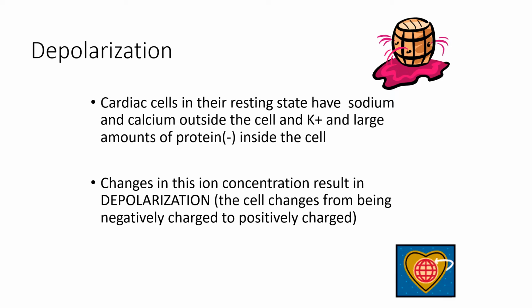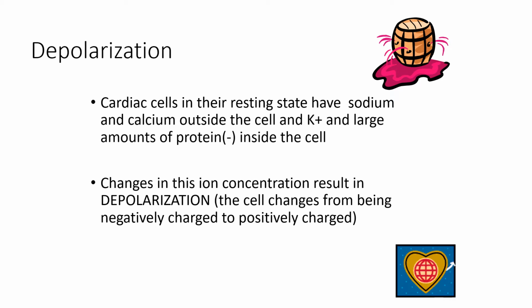On the outside, you have sodium and calcium. Now, all of those are positively charged ions. However, within the cell there's also a large amount of proteins that makes the inside of the cell less positive than the outside of the cell, making it more negative.